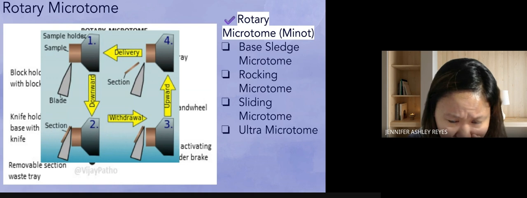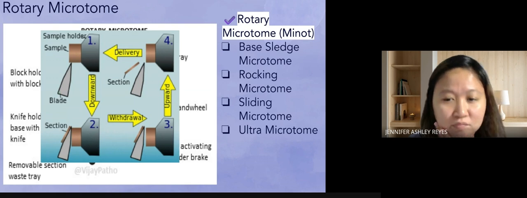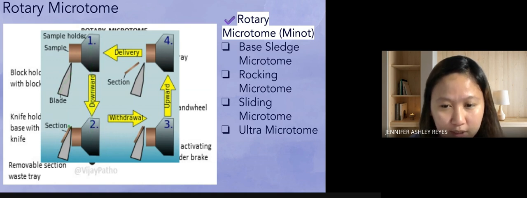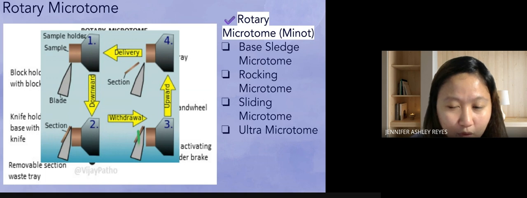So that's the sample. This is the blade or the knife. So, vertical, right? The section is produced because it hits the blade. And then it goes back to the old position.